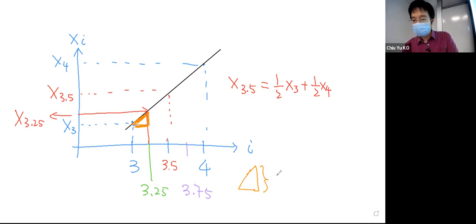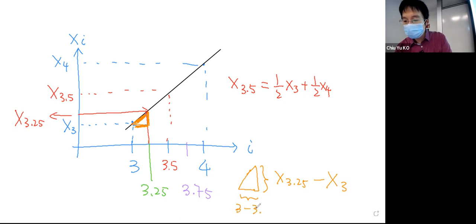This triangle's height is x3.25 minus x3. And what is the length? The horizontal distance should be 3.25 minus 3, which is 0.25.